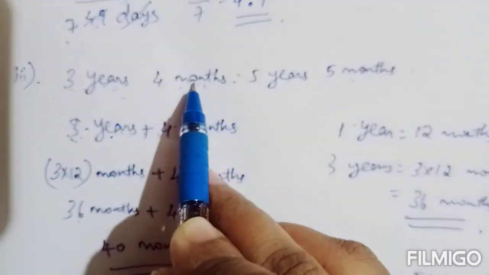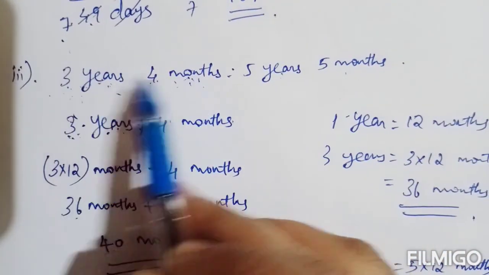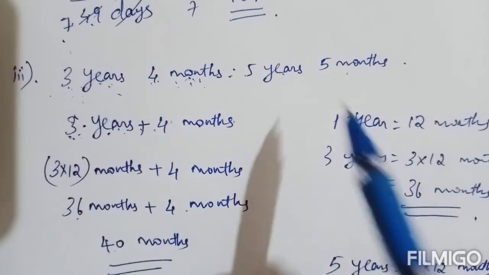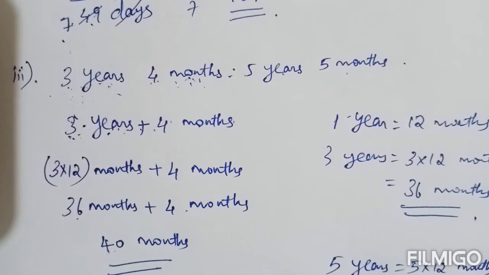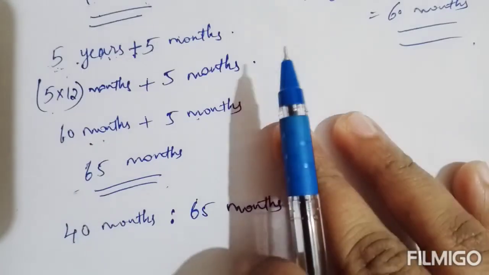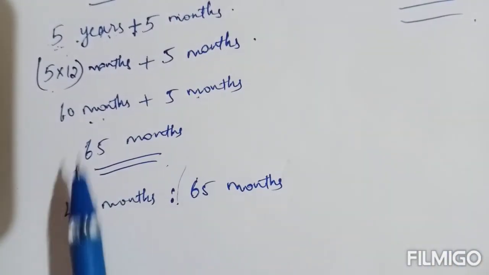In the question it is given 3 years 4 months is to 5 years 5 months. So we are converting this to months. Similarly 5 years 5 months we are converting to months. We got 40 months and 65 months. Okay, after finding this, you can find the ratio.